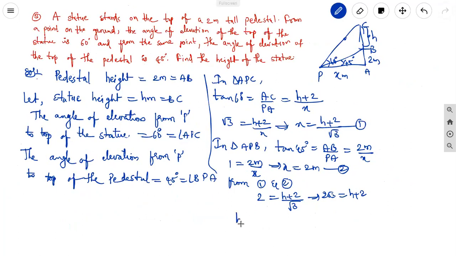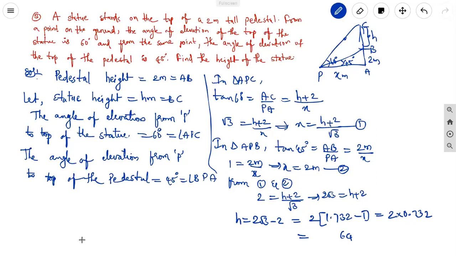So H is equal to 2 root 3 minus 2, and 2 is common. Root 3 value is 1.732 minus 1. It is equal to 2 into 0.732. Multiply: 2 twos are 4, 2 threes are 6, 2 sevens are 14. 1.464 meters height.